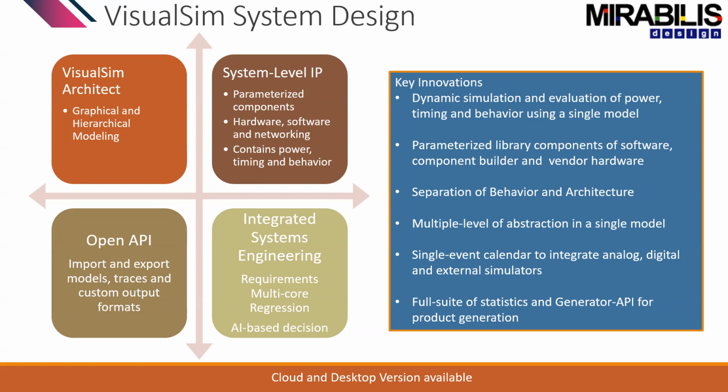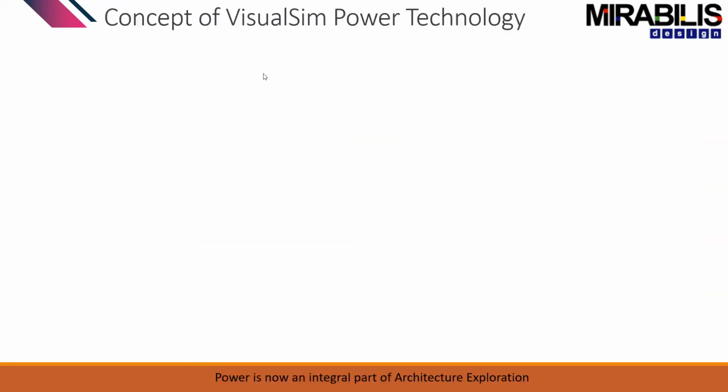The parameterized libraries support multiple levels of abstraction, and they come with a full suite of statistics and generators with APIs for integrating with other environments, or integrating components from other environments into VisualSim. Now, before we go into all the details and use cases, I'm going to first talk about how we enable power to be an integrated part of architecture exploration.